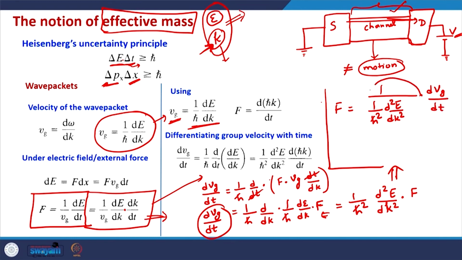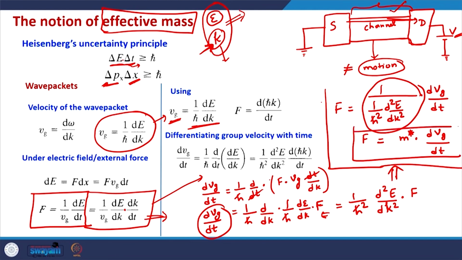And this first term can now be written like a modified mass, because if we write it like that, it will be like our classical equation of motion, the Newtonian equation of classical mechanics. So, in this case F, the applied force, is the acceleration of the electronic wave packet times a parameter which we write as m star.